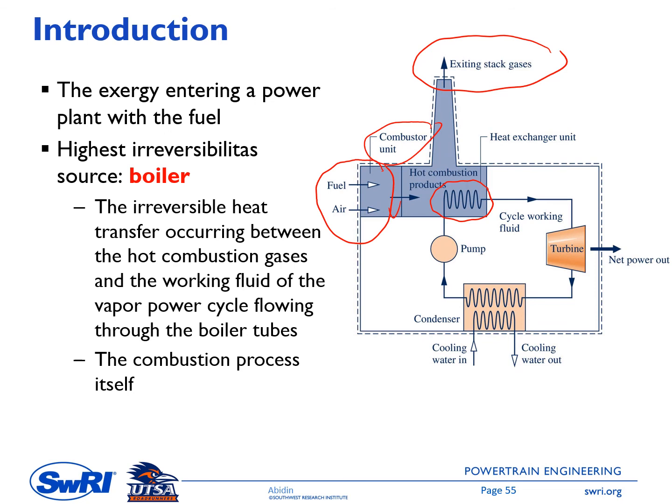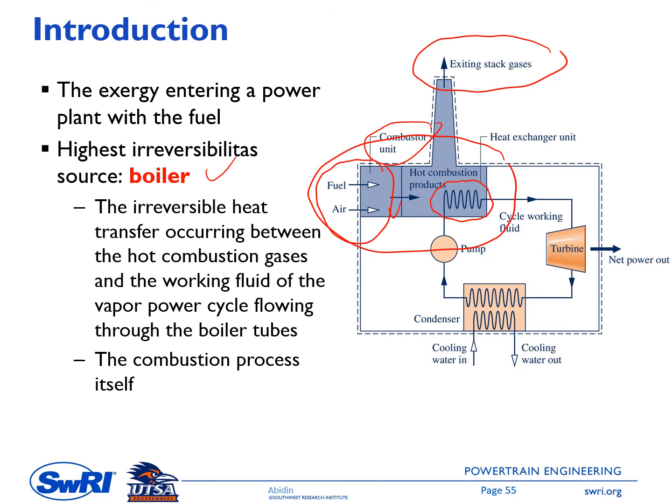So we have several sources of irreversibilities inside the vapor power plant, and one of these sources, which is the highest, is inside the boiler. And the boiler itself here, once again, consists of combustor unit and then boiler itself, and if it has a superheater, and sometimes it's called steam generator.